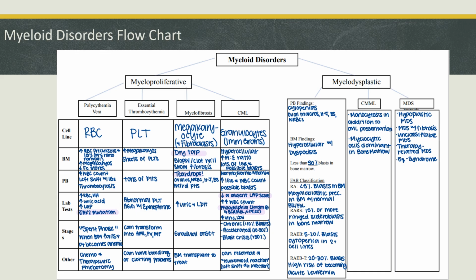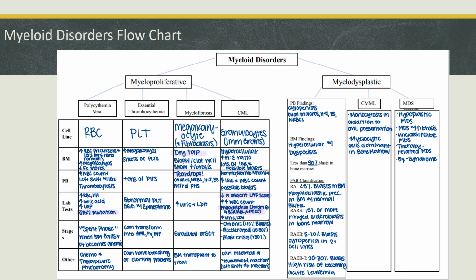There are at least a few cytogenetic anomalies that we see associated with different myeloproliferative disorders, but some of them overlap, so we really want to pay attention to that.